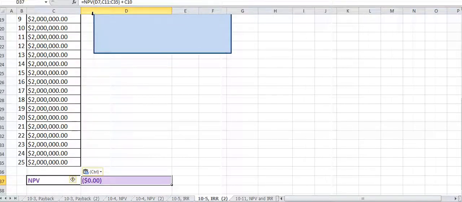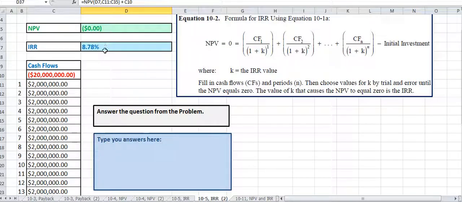You can just go NPV, and then you put D7, where you want to put your actual answer, and then they're looking at C. The cash flows are C11 through C35 plus, and this plus right here means that you want to make sure you put this in as a negative, which we did, because we're adding a negative. All right, so that's going to give us our internal rate of return, which is 8.78.